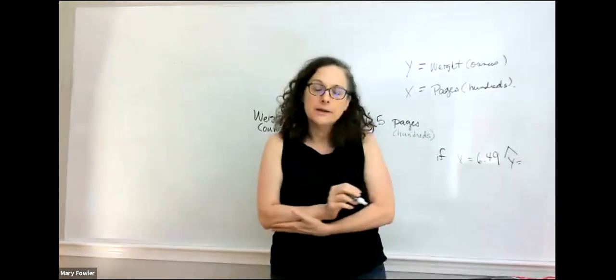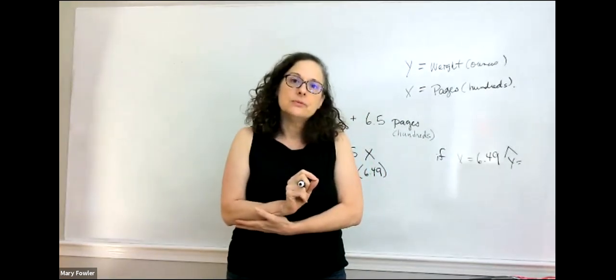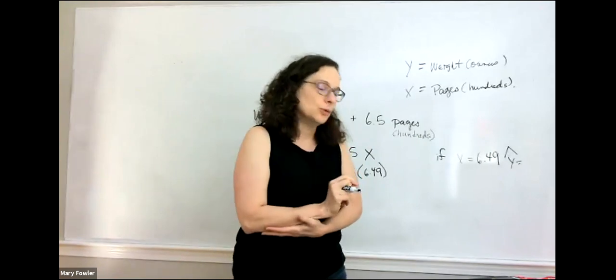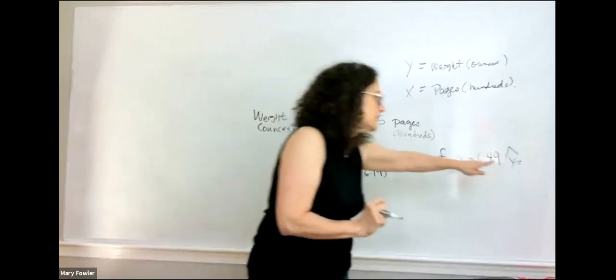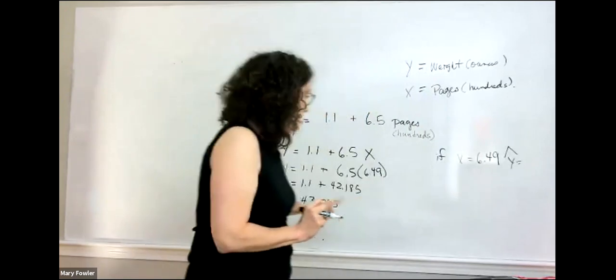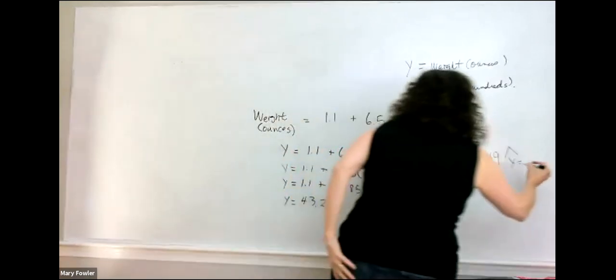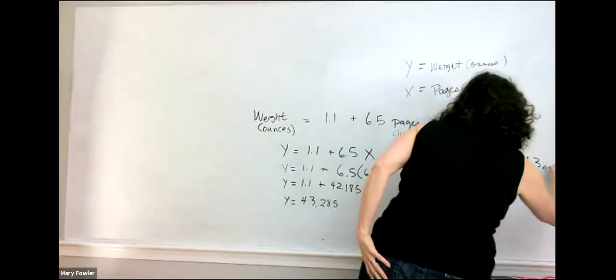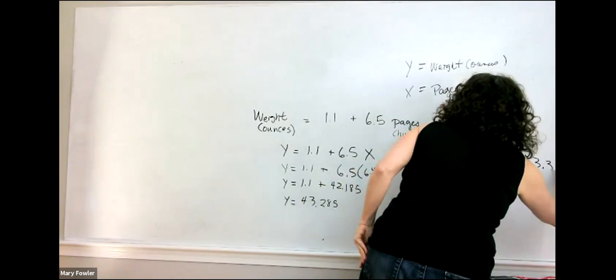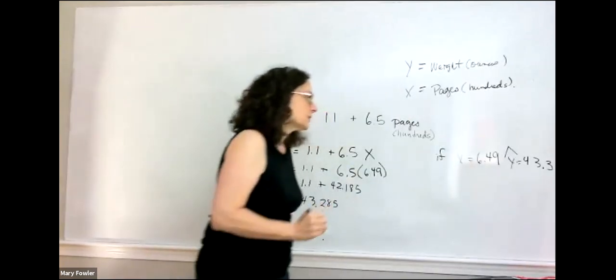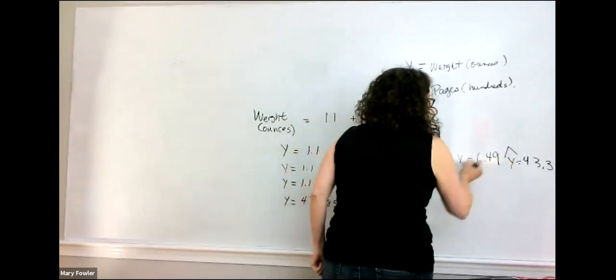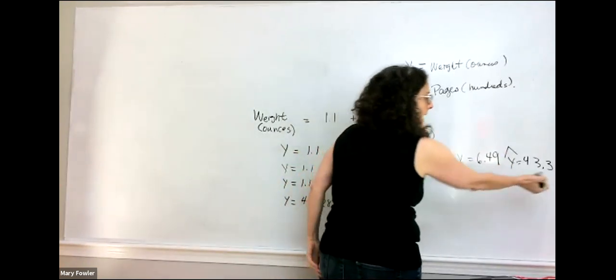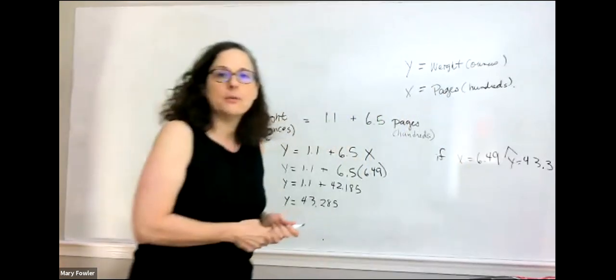The actual Y is the actual weight. But the predicted value, Y hat, is this here, 43 points, and let's just go ahead and use it to 1 decimal place. So if X equals 6.49, Y hat is 43.3.